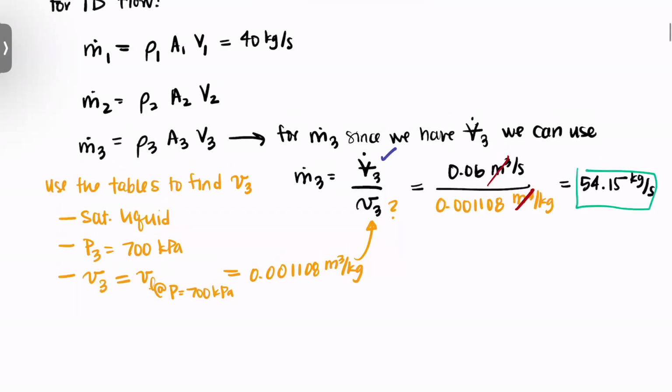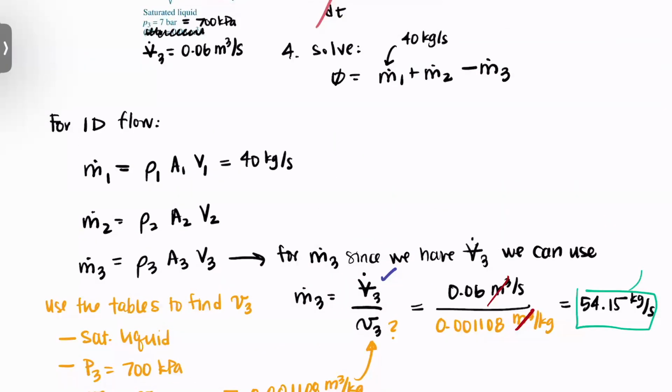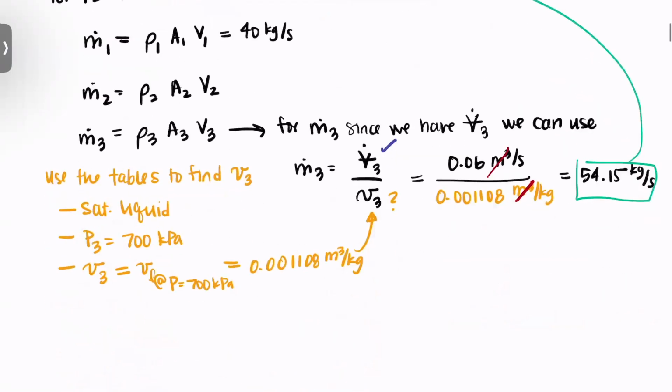So that will go in here, which means that now we have the ability to solve for m dot 2, right? So now we can find m dot 2. We had 0 is equal to m dot 1 plus m dot 2 minus m dot 3.